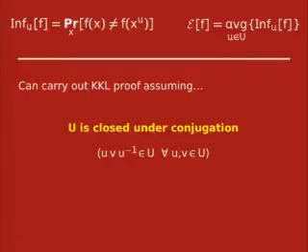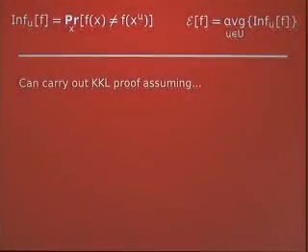And so once you get to the setup, then you just try to carry out the KKL proof at this higher level of generality, and you do it carefully. And whenever you seem to be doing something specific to the Boolean cube, you try to stay at a higher level. And eventually you just give the proof.